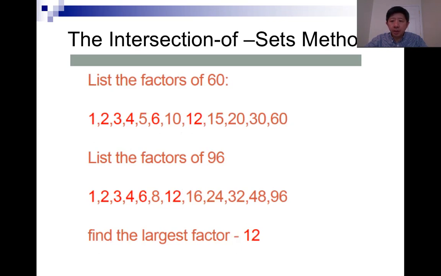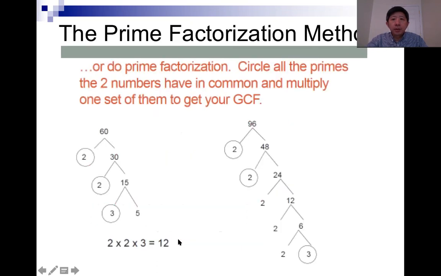Let's do another method. This method is called the prime factorization method, and usually most US textbooks use this method. To do the prime factorization, I would take 60 divided by the prime number 2, and I will get 30.